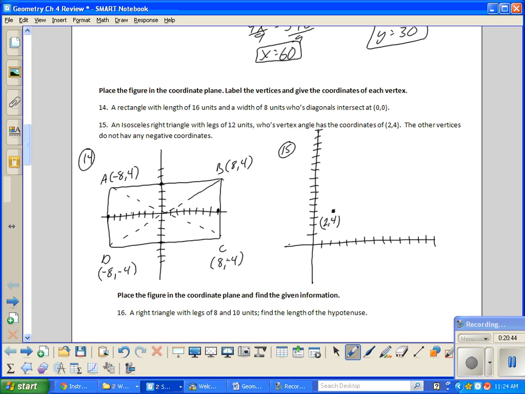And then if it's going to have no other vertices that have negative coordinates, then that means that we have to go up from here. And so that's up 12. 1, 2, 3, 4, 5, 6, 7, 8, 9, 10, 11, 12. So up 12. And then over 12, because both legs are 12.